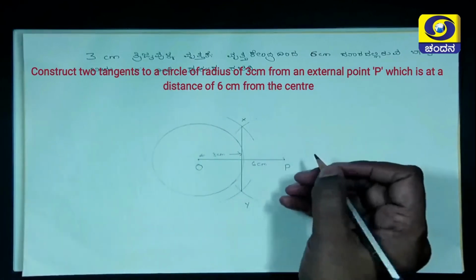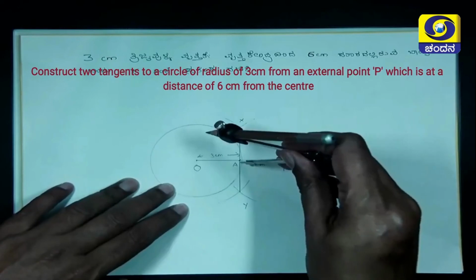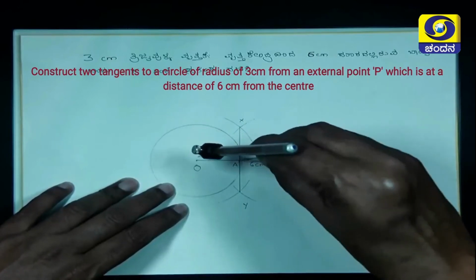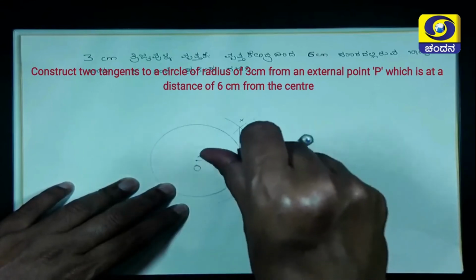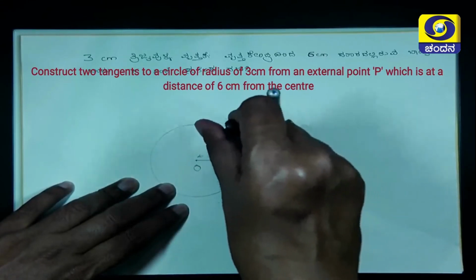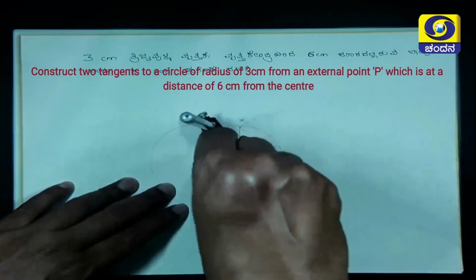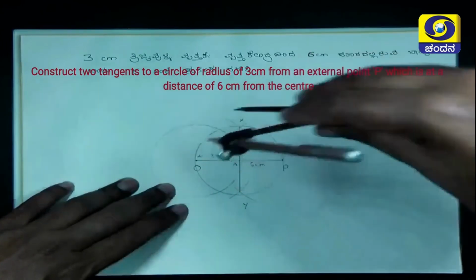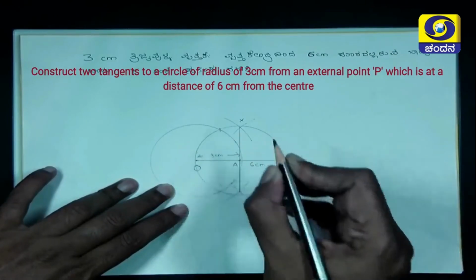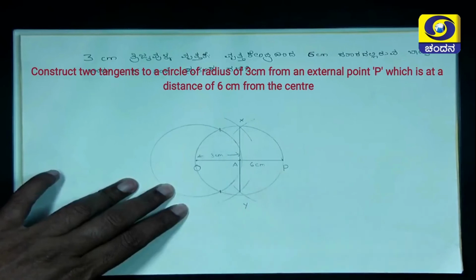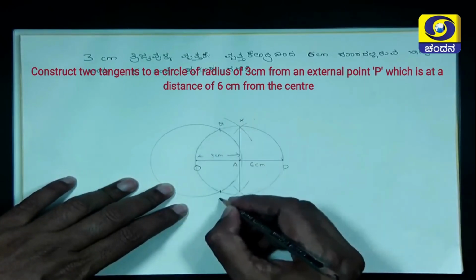Now with the radius OA or AP, because both are same, with center A, draw a circle. Now the second circle C2 cuts the first circle at Q and R. Now join PQ and PR.